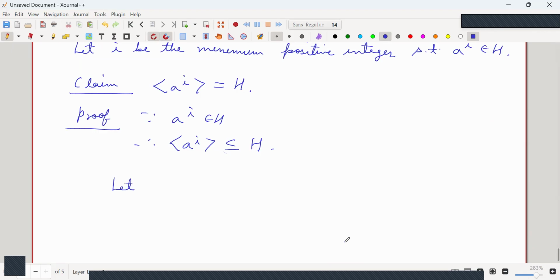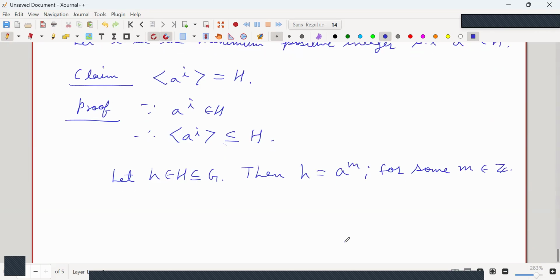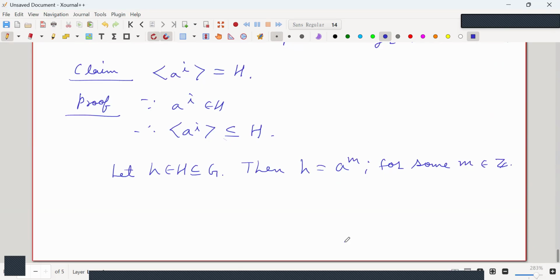So for the other part, let h belong to H, which is also inside G. Then h is equal to A raised to m for some m inside Z, right? Because h has to be some power of A, because G is generated by A only.